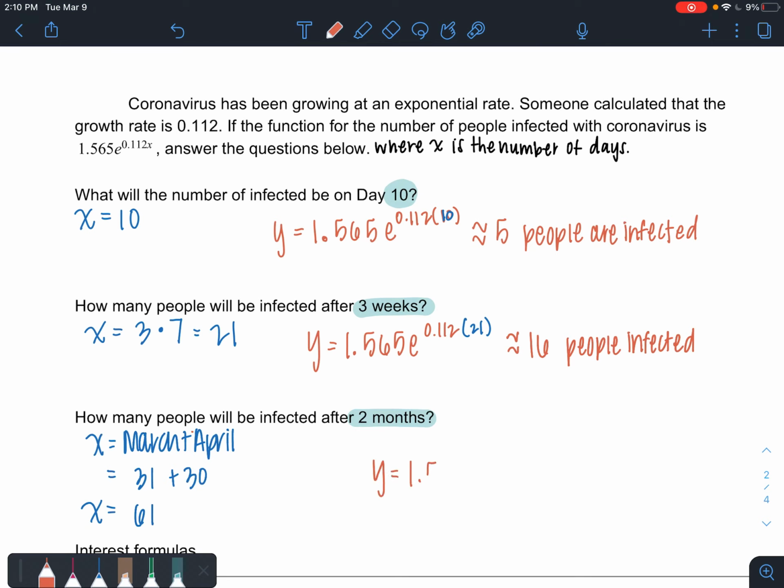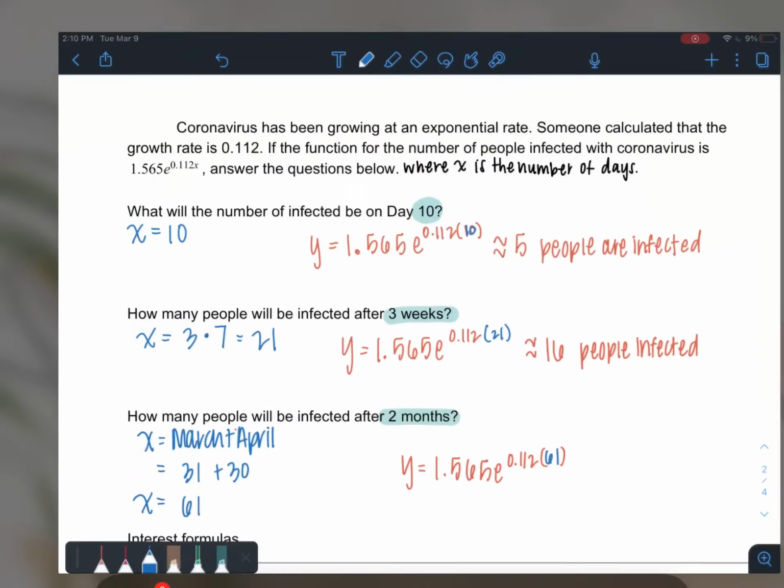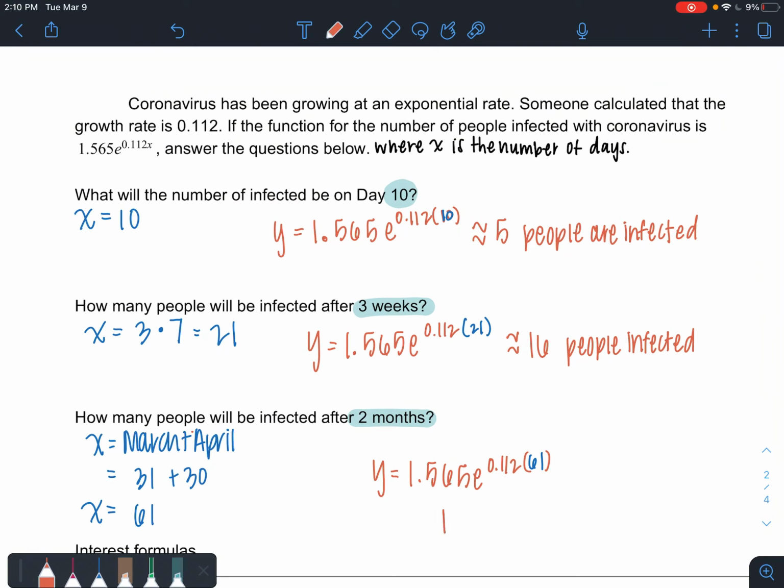So we'll plug that in. y equals 1.565 e to 0.112 times 61. Put a 61 in here. We get 1,451 people.